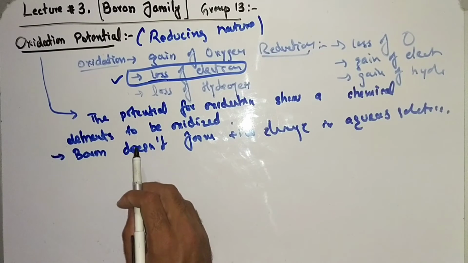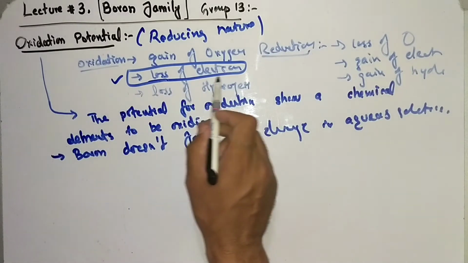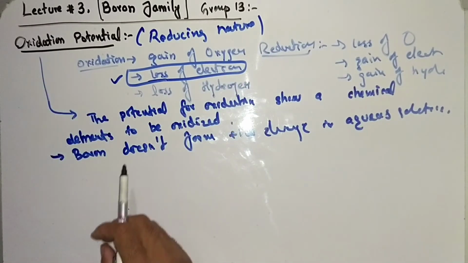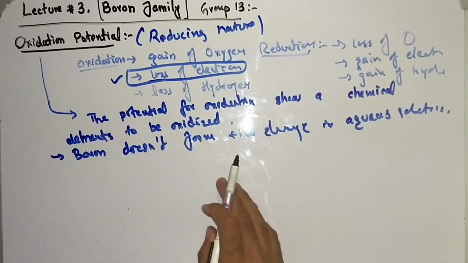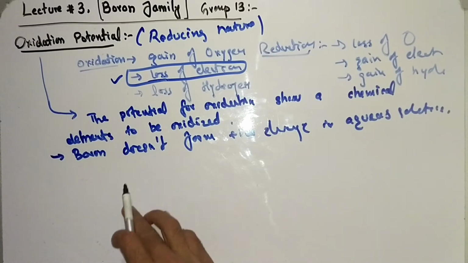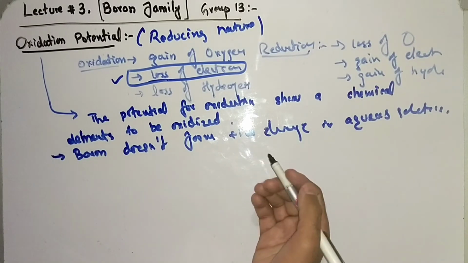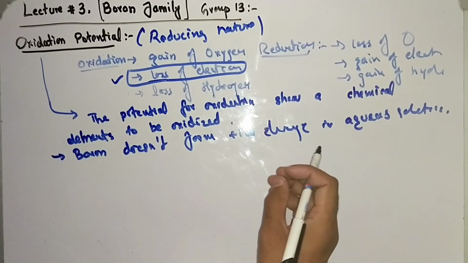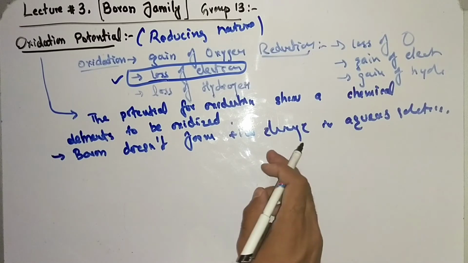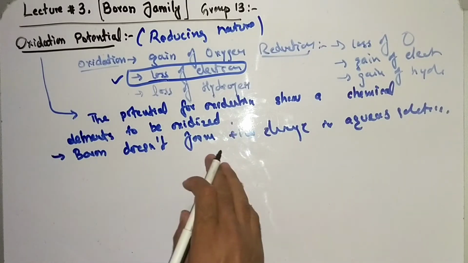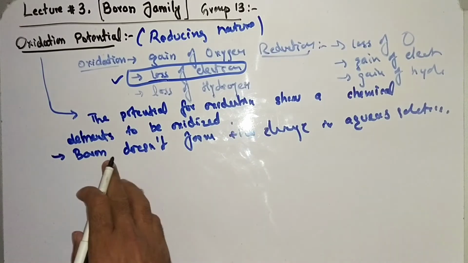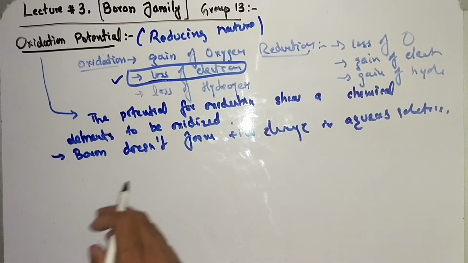The higher the loss of electron, the higher the oxidation potential. In case of boron, it is nearer to the non-metals, and we know that non-metals cannot lose electron easily, so the oxidation potential of boron will be very low. I hope my point is clear.